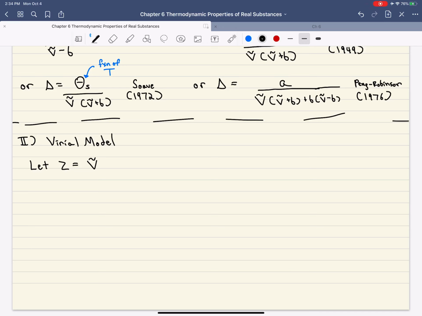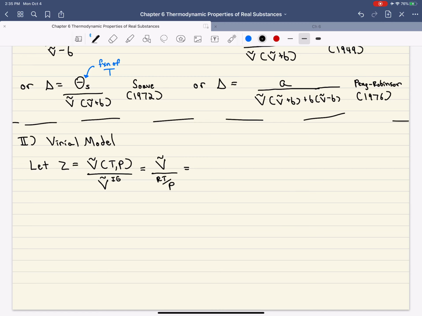Where Z is going to be equal to the molar volume at the actual temperature and pressure you're at, divided by the molar volume for the ideal gas. What that would be equal to is your molar volume divided by RT over P. That's what the molar volume would be for the ideal gas.